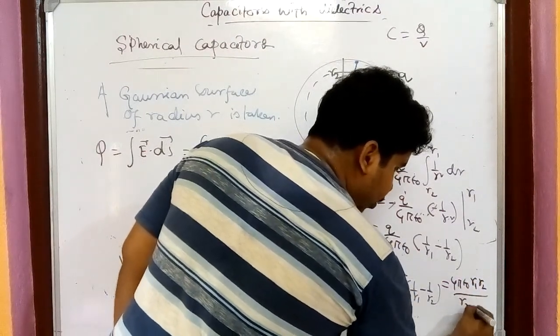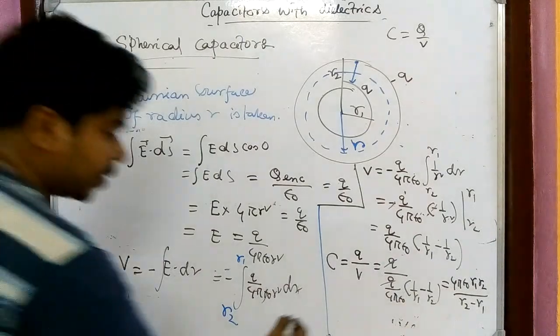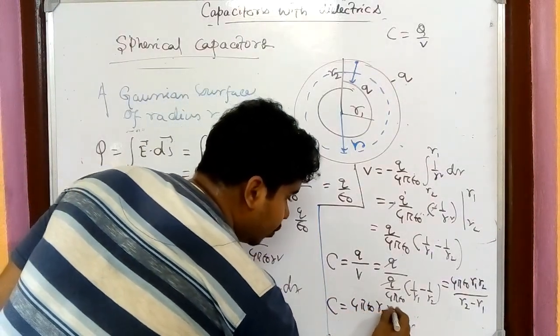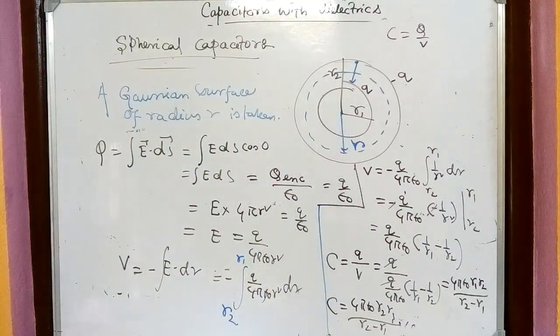This is your capacitance of a spherical capacitor: C equals 4 pi epsilon naught R2 into R1 by R2 minus R1.